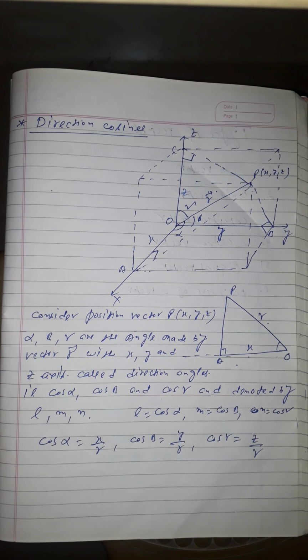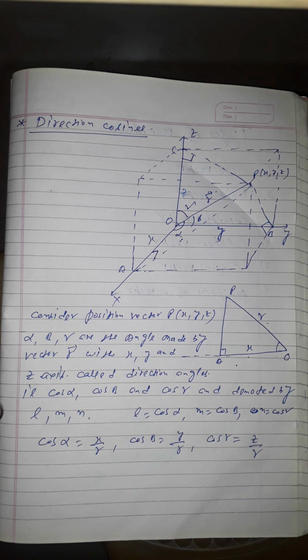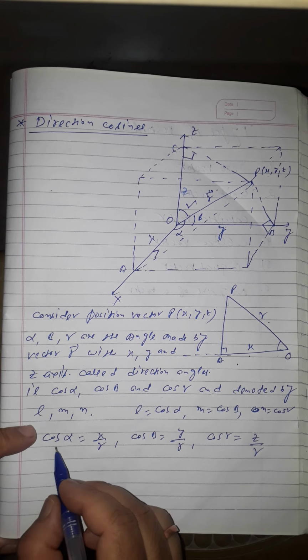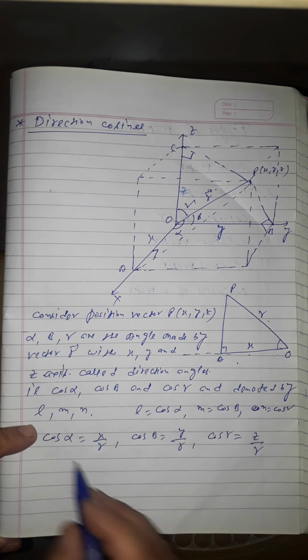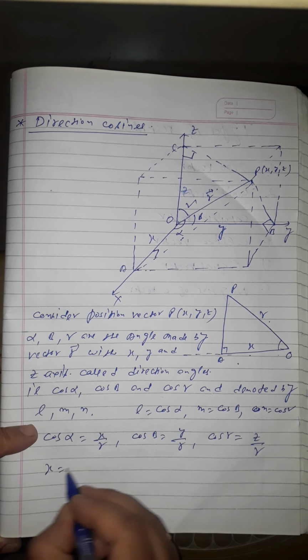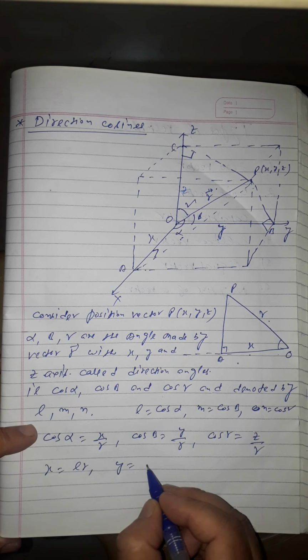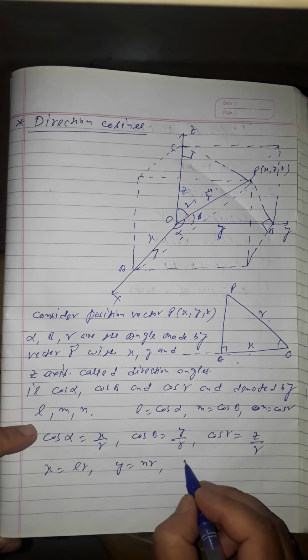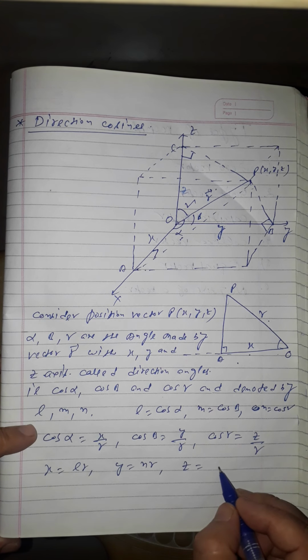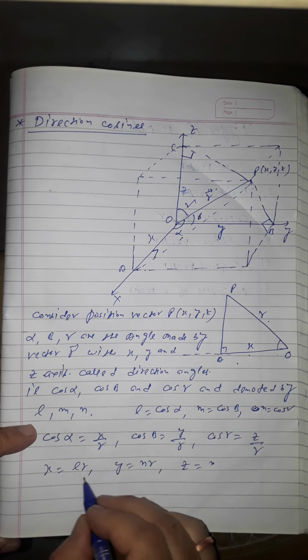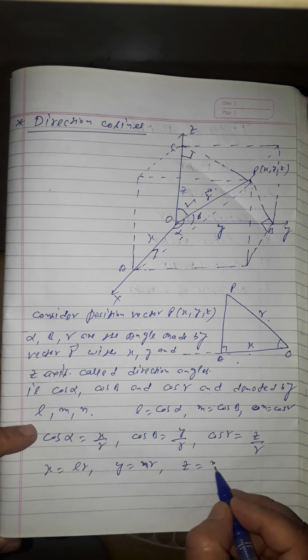These are the direction cosines, students. But earlier I told you we represent these as L, M, and N. So x will be equal to Lr, y will be equal to Mr, and z will be equal to Nr.